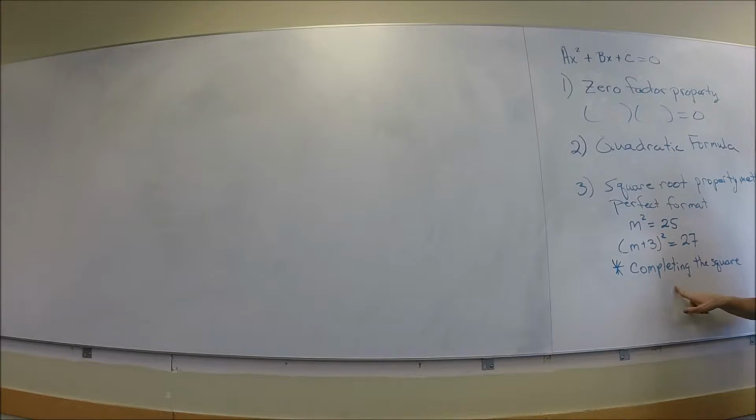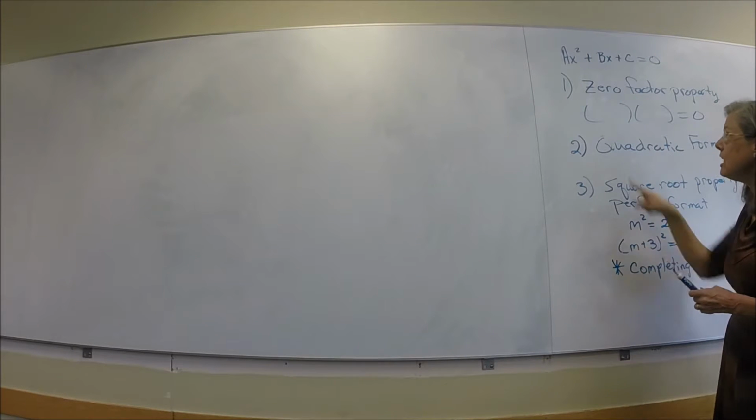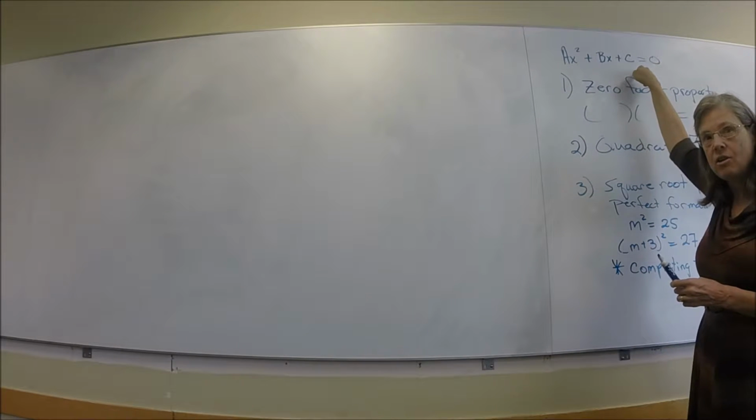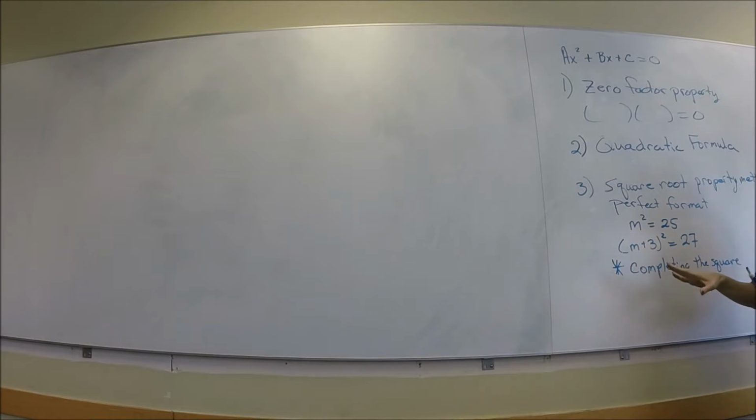And the only time we ever want to complete the square is if we are told we have to use the square root property method, and it doesn't look like this. It looks like this, okay? However, just so you know, it's very important you know how to do this, because you will need it when you're doing things in 121 with circles, or in trigonometry with circles and stuff like that, and some other times where you're going to have to do a form of completing the square.